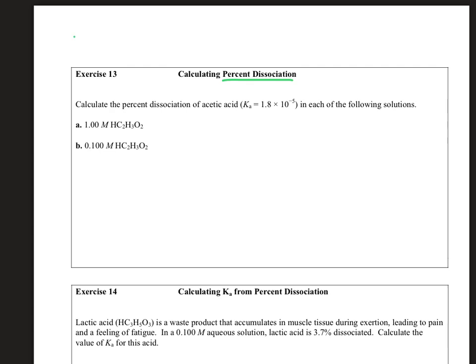So the percent dissociation, when we use that term, is really helping us out. Percent dissociation is a percentage, right? Dissociation means the breaking apart into ions. So it's the part out of the whole. It's basically the molarity of your ions divided by the molarity of your initial acid or base. In this case, we're going to talk about acids, but it would be the same for bases.